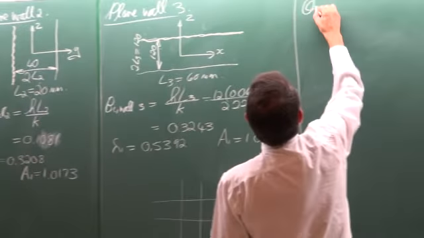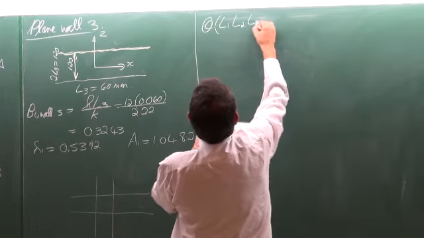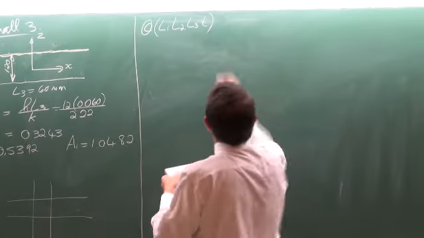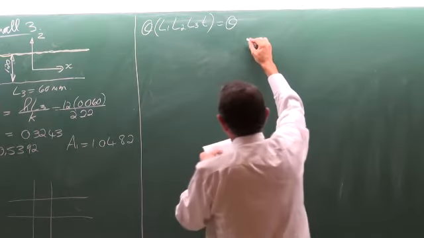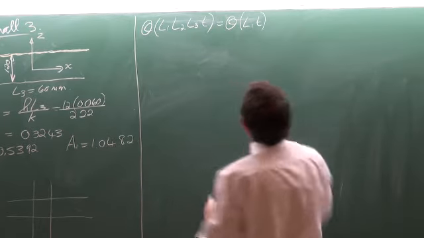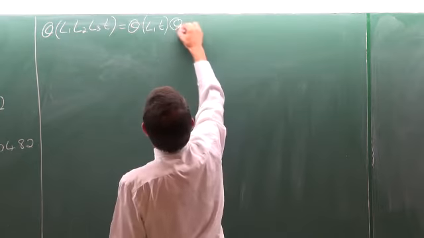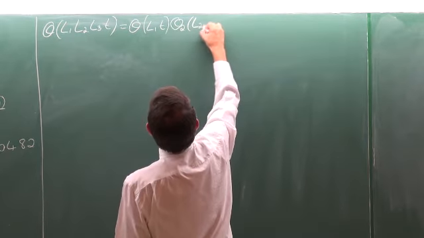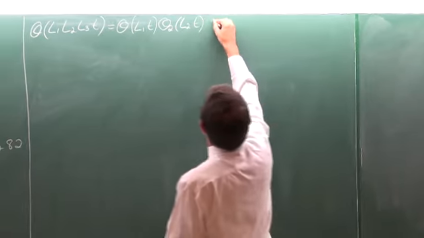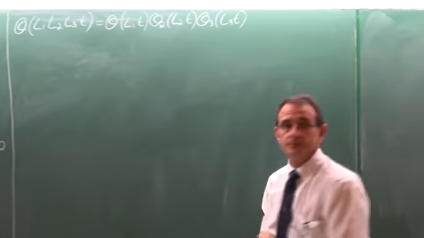So the non-dimensionalized solution of L1, L2 and L3 as a function of time is equal to the non-dimensionalized solution of L1 as a function of t, multiplied by L2, the second one, as a function of t, multiplied by the non-dimensionalized temperature in the third direction.